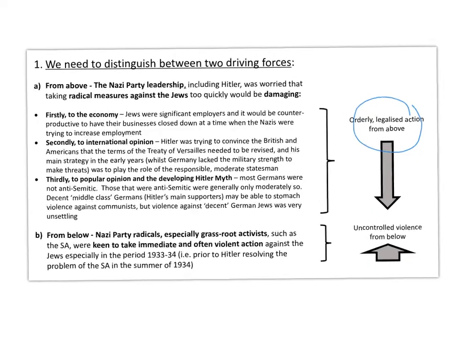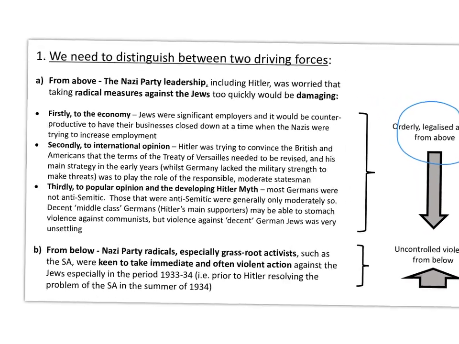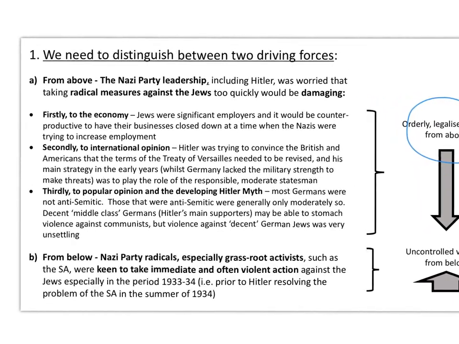So here are the key points. You've got the drive from above, okay? The Nazi Party leadership was very worried that if the measures against the Jews in these early years were too extreme, it could be very damaging to other short-term goals. Firstly, to the economy.